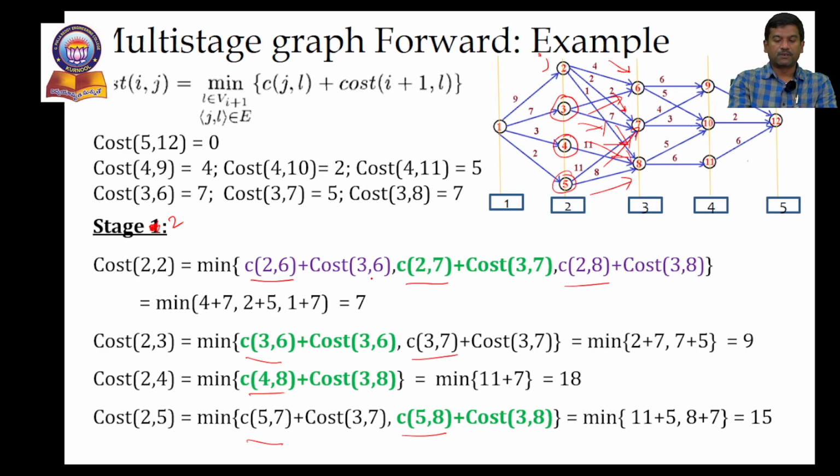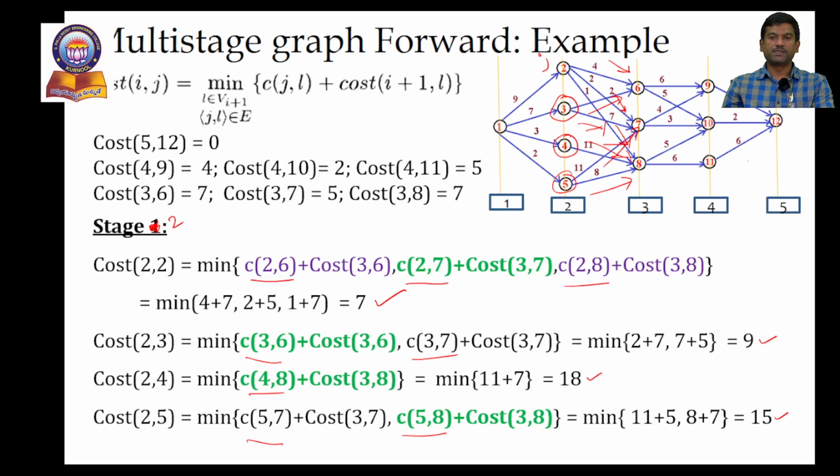And so far, when you consider cost of 2 comma 2, it is a minimum between 4 plus 7 comma 2 plus 5 comma 1 plus 7. The minimum will be equal to 7. Similarly, cost of 2 comma 3, the minimum value will be equal to 9. Cost of 2 comma 4, the minimum value will be equal to 18. Cost of 2 comma 5, the minimum value is equal to 15.